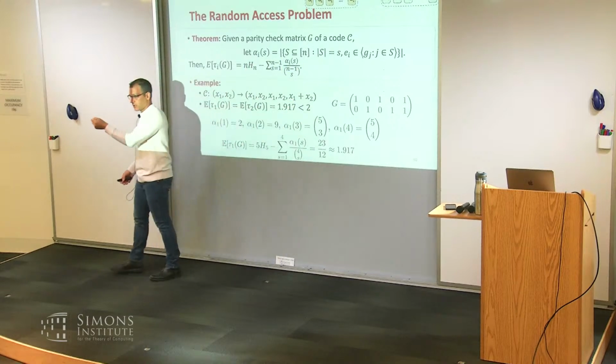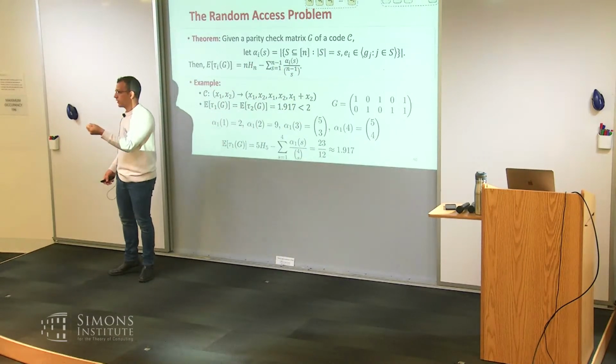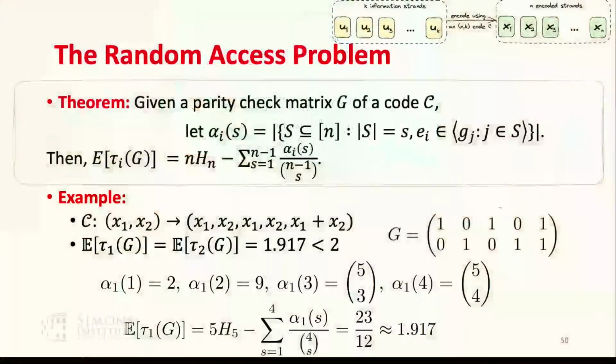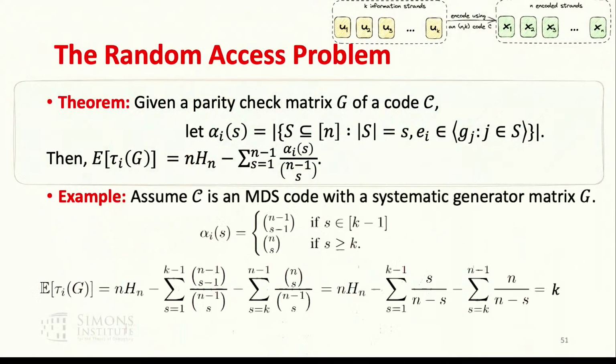Once you have this distribution, or this partition of the size of the sets, then you can calculate exactly what would be the expectation. You can do it, for example, for this code, and that's how you do it. You can also do it, say, for the MDS code. For an MDS code, I can ask how many recovery sets do I have of size s, which is at least K. Then every set of size exactly s, because it's an MDS code, will be a recovery set: n choose s.